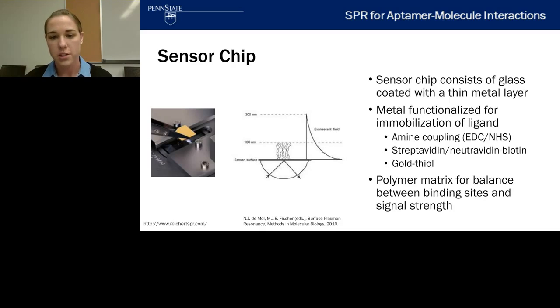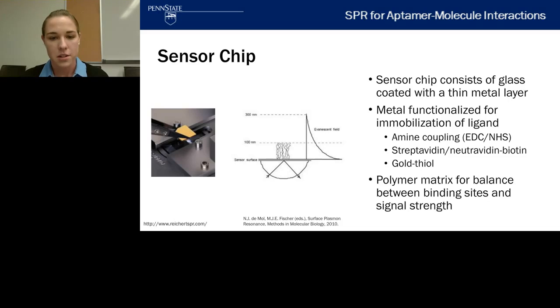So some immobilization strategies are listed in this slide, the most common being amine coupling using EDC-NHS chemistry. And this forms a covalent bond. Some other strategies are using a streptavidin or a neutravidin on the chip and a biotinylated ligand. And also gold thiol can be used to create self-assembled monolayers.